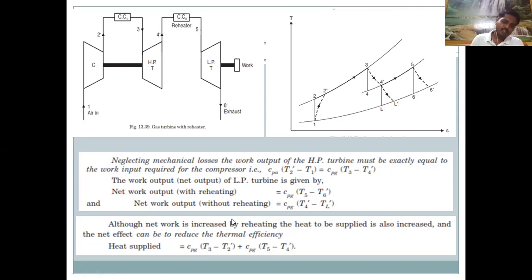Okay, now heat supplied: we are supplying heat between stage 2 dash to 3 and between stage 4 dash to 5, in combustion chamber number 1 and in combustion chamber number 2. That's why our heat supplied formula Q1 is equal to CPG (T3 minus T2 dash) plus CPG (T5 minus T4 dash). Okay, all of you note down all the things on your screen.